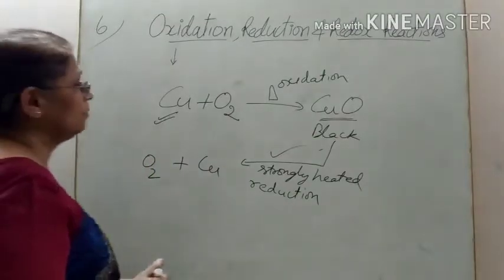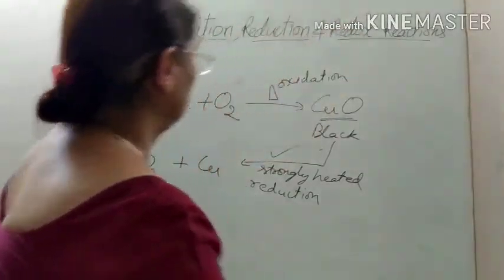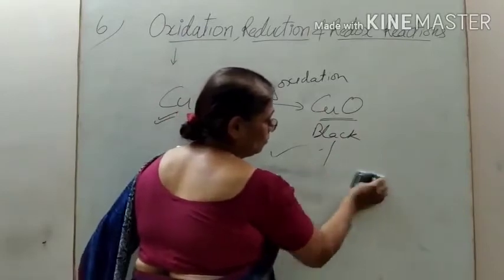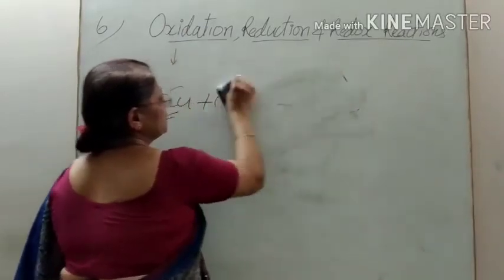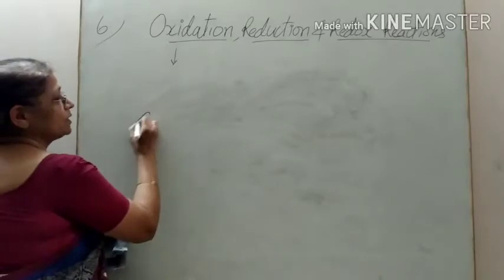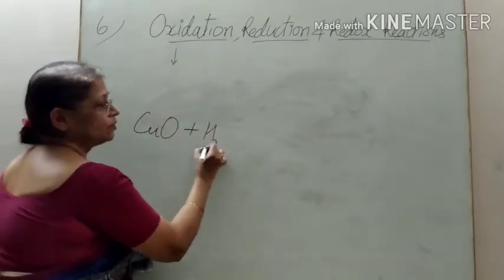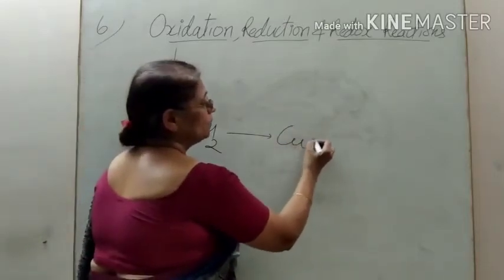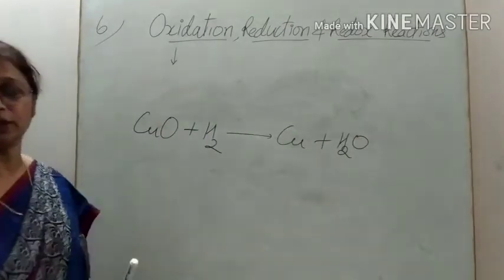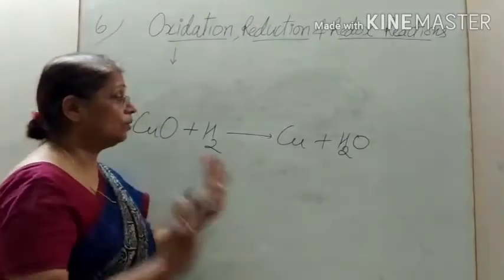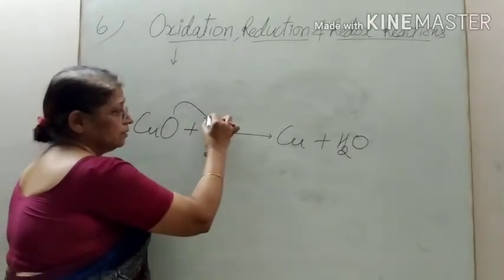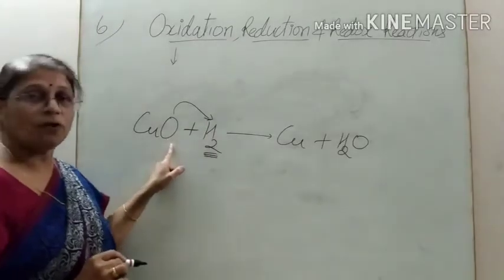One more thing. This reaction can also be performed in a second way. When copper oxide reacts with hydrogen, it will produce copper plus water. In this case, hydrogen takes oxygen from copper oxide.